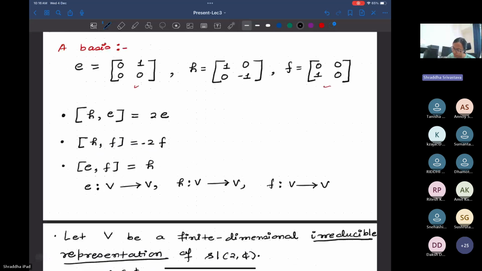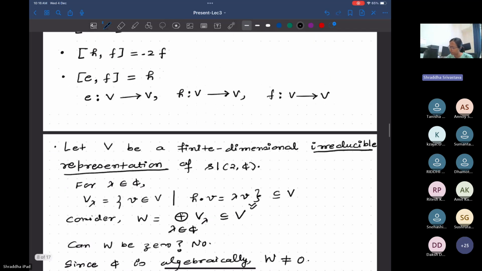Commutator of H with E is 2E. That is equivalent to saying that HE minus EH is 2E. So from here your HE is 2E plus EH, right?